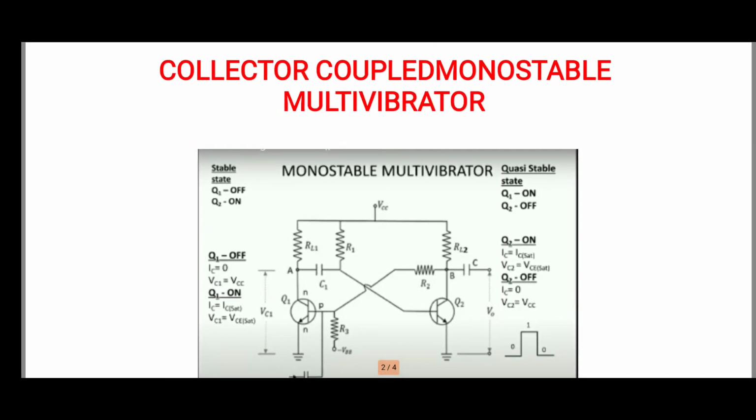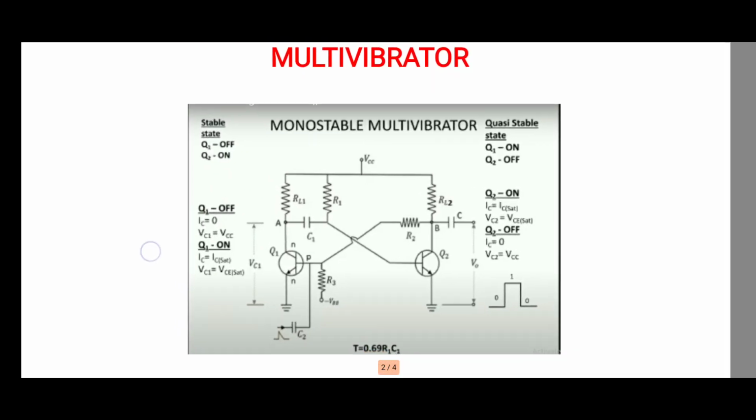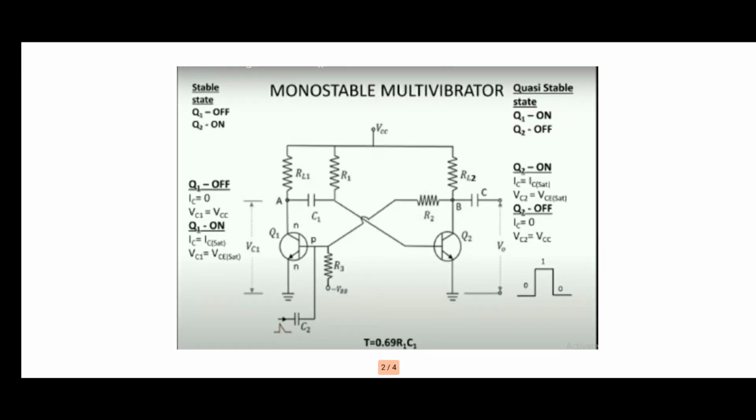And now, this is the circuit diagram of the collector coupled monostable multivibrator. Here in this diagram, two transistors are used, Q1 and Q2. The two transistors are connected back to back. This collector coupled monostable multivibrator circuit uses NPN transistors, right?